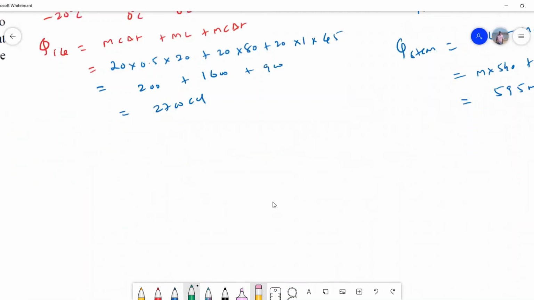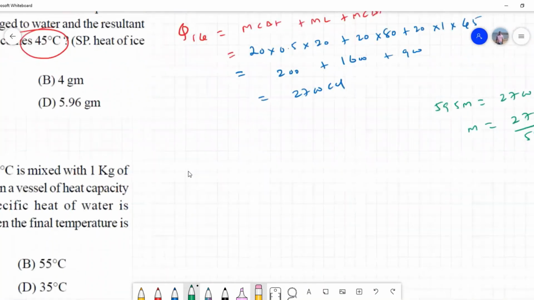Now let's equate both of them. Ultimately I can write 595 m should be equal to 2700. So m is equal to 2700 by 595, which is nothing but 4.53 grams. So let's check the answer.